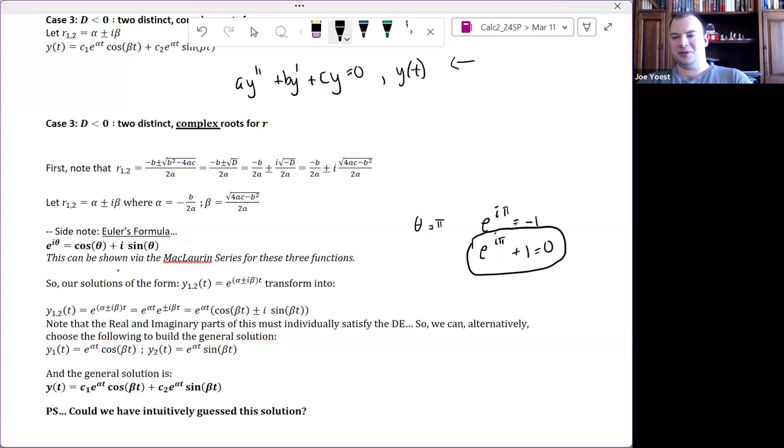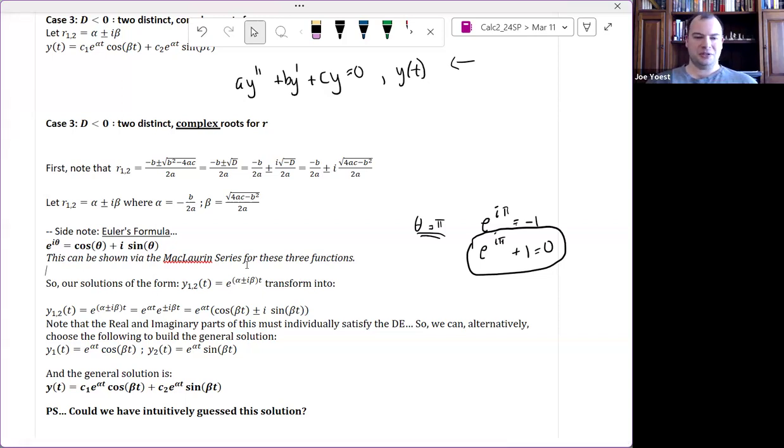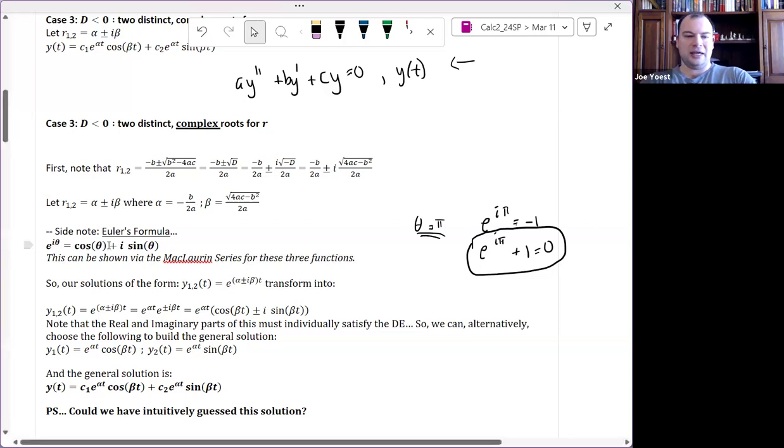I don't know if I ascribe the same level of almost religious significance that some people ascribe to this equation, but it's just a cool little thing whenever we choose theta equals pi in Euler's formula. This can be shown via the Maclaurin series for these three functions, which again is something that we'll see at the end of this course. And then if you wanted to come back and revisit this, you would see why this statement holds.